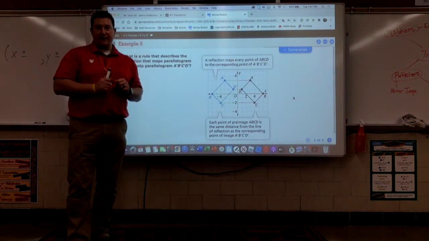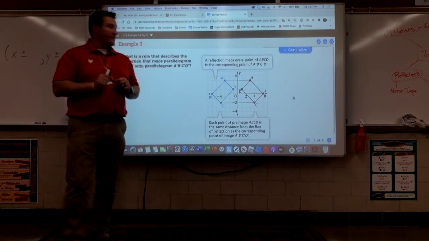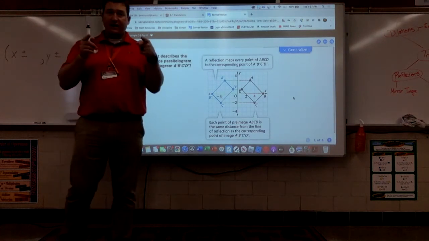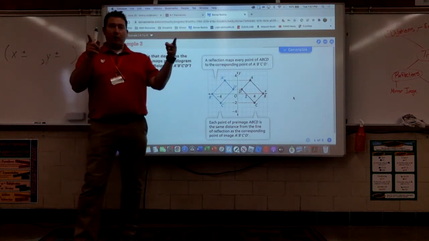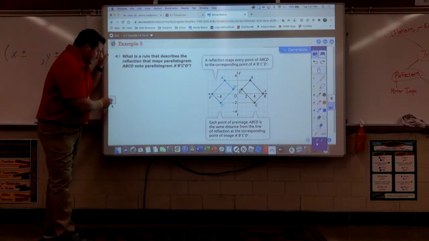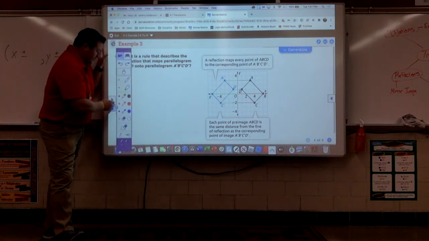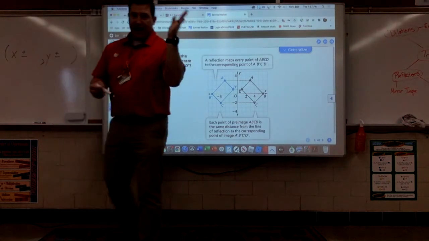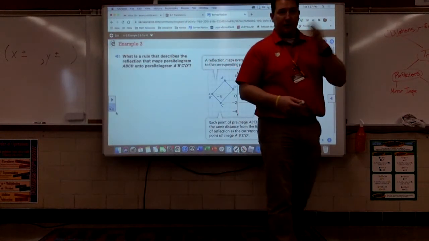Sounds complicated. I promise you it's not. All we have to do is find, hey, what is the middle point between these two points right here? And it doesn't matter which pair you choose, as long as they're the same vertex, like A and A prime, or B and B prime, or C and C prime.